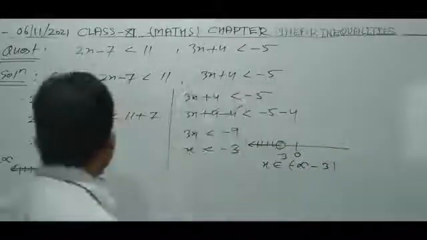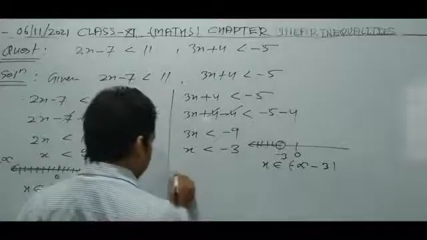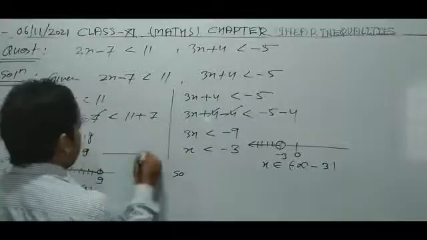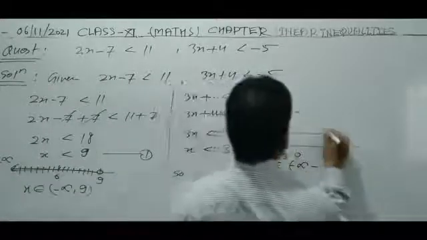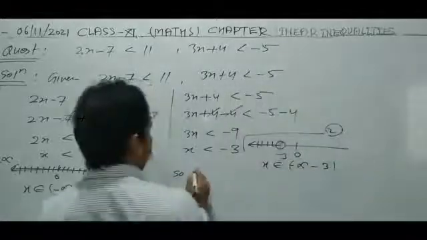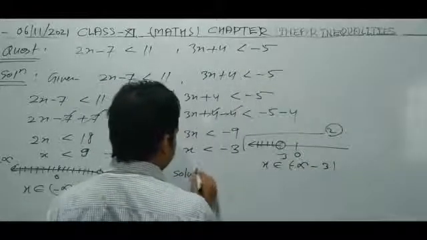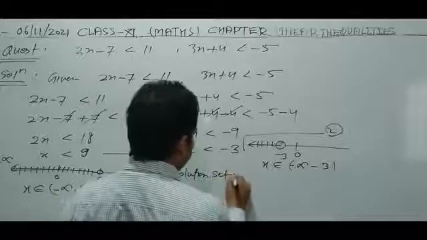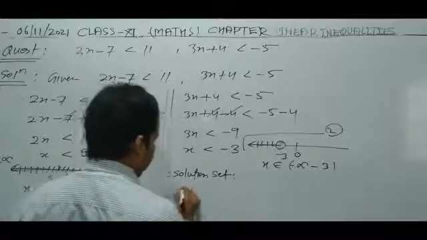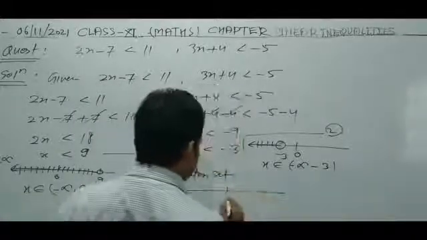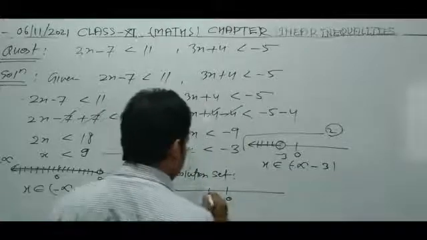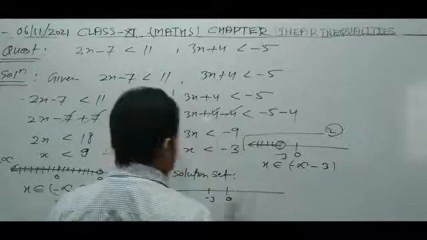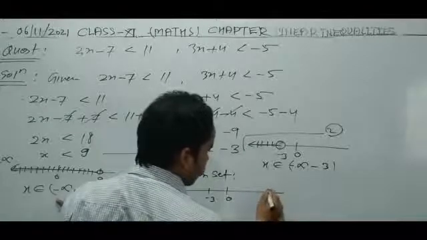Now the solution set of both. Consider this is 1 and this is 2. Now the solution set on the number line: again, this is 0, this is -3 and this is 9.